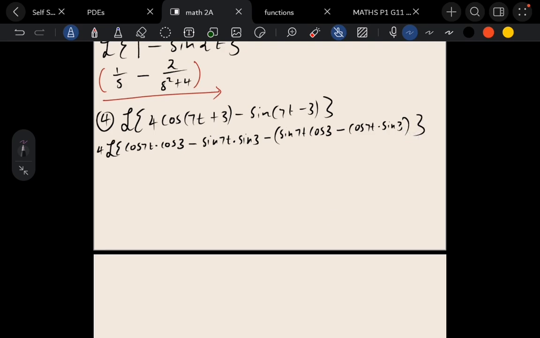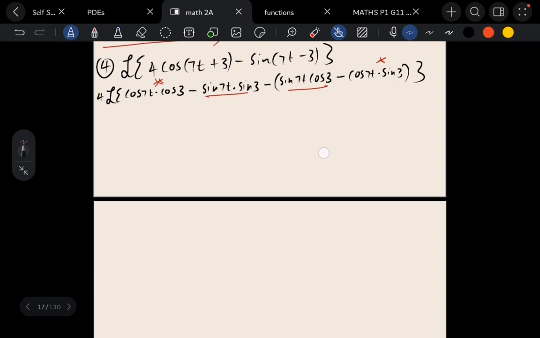You can see that you can take out the common factor. This one and that one have a common factor of cos 7t. Anything that is multiplying cos 7t is just a constant.